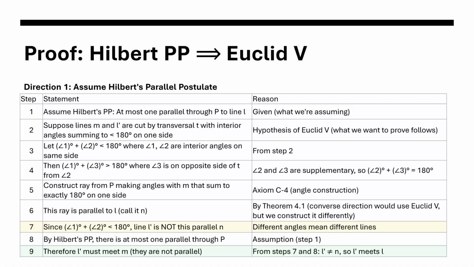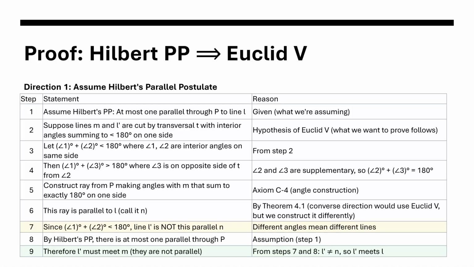So now we take an arbitrary configuration satisfying the hypothesis of Euclid's fifth in steps 2 and 3. We can see here two lines M and L prime cut by transversal T, and the interior angles on one side sum to less than 180 degrees.